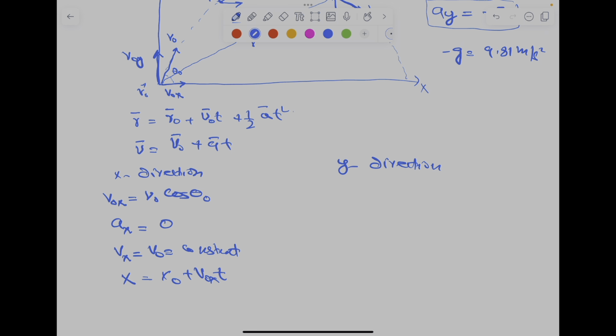Now along the y, we have the initial component v naught of y, which is v naught sine of theta naught.